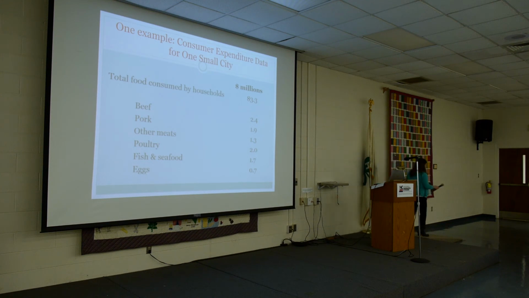I was going to say, if you have a producer who's telling you that they produced $2 million worth of beef or they had $2 million worth of beef sales, you're probably going to say, well, we need to make sure you're looking at export markets, right? Because you don't have consumer demand, and it's unlikely that you're going to shift consumer behavior that radically, right? Does that make sense to everybody? So if consumers in your region are spending $2.4 million on beef, and that's the total amount that they're spending on beef, and you have a farm, a ranch, that says that they are selling $2 million worth of beef, right?